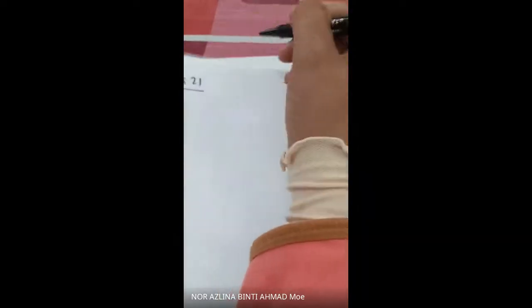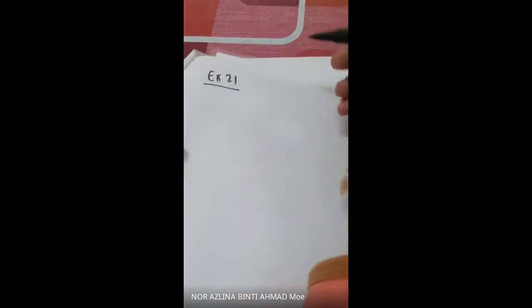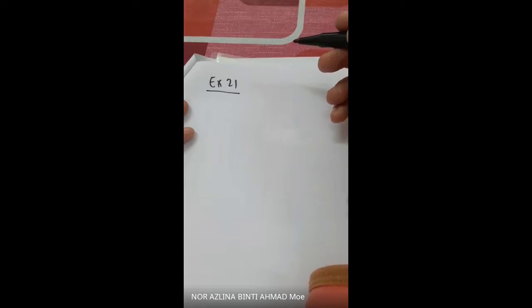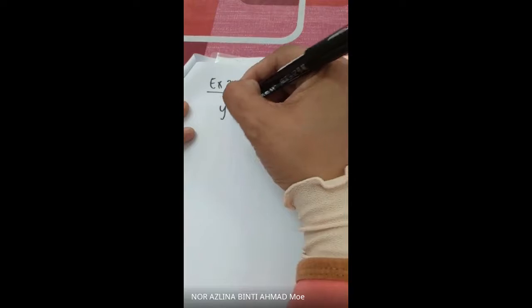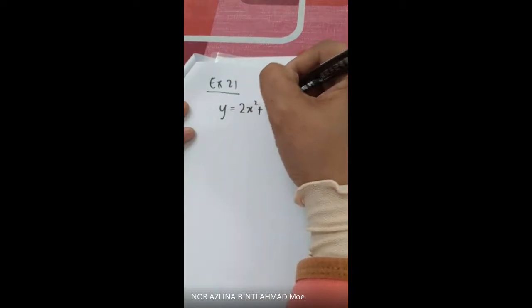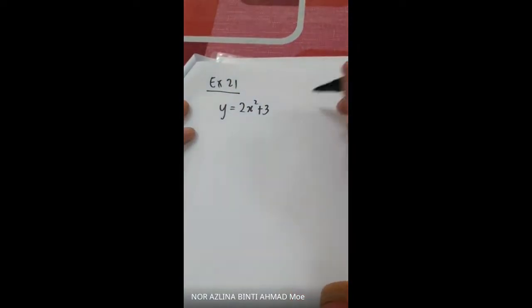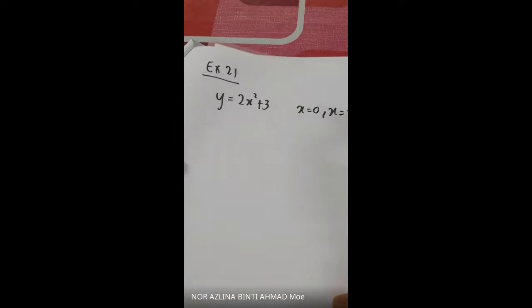Example 21, page 107. Find the generated volume in terms of pi. Okay, the question want you to give the answer in pi. When a region bounded by the curve, okay, this is the curve 2x squared plus 3, and the lines x equal to 0 and x equal to 2, is revolved through 360 about the x-axis.